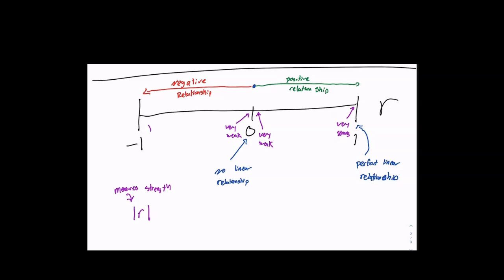So a number that's very close to -1 would be very strong. The closer you are to 0, the weaker the linear strength.